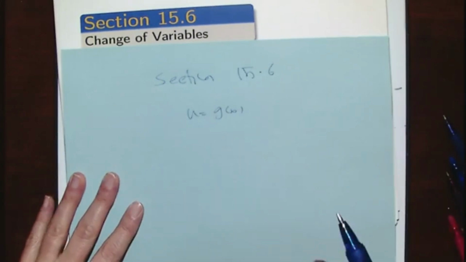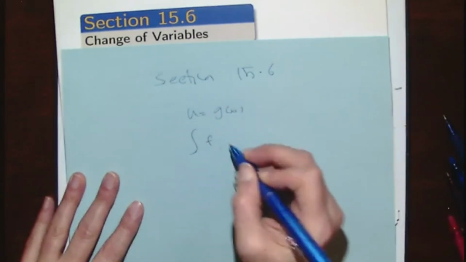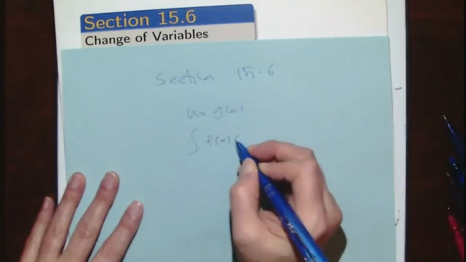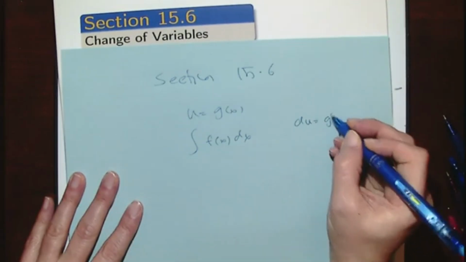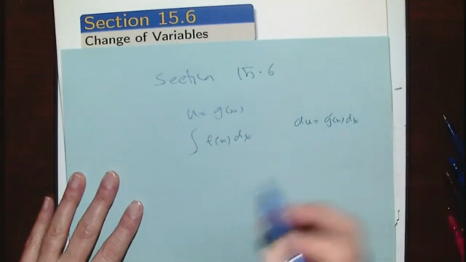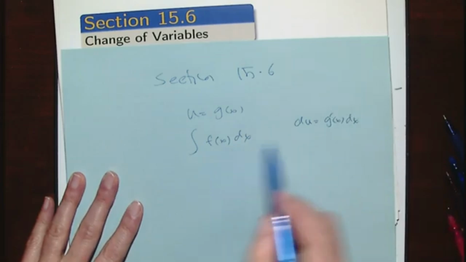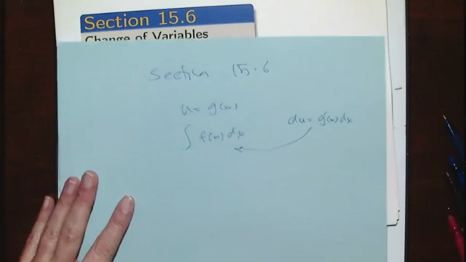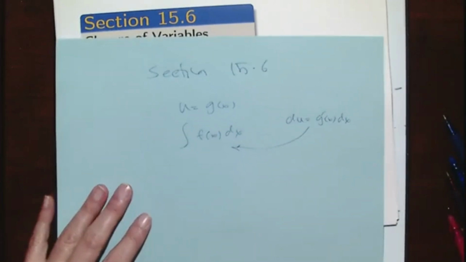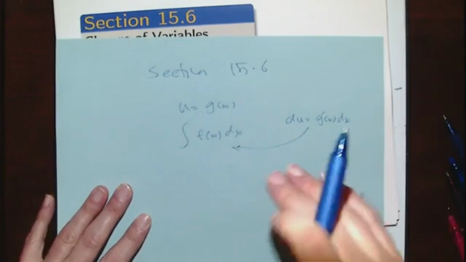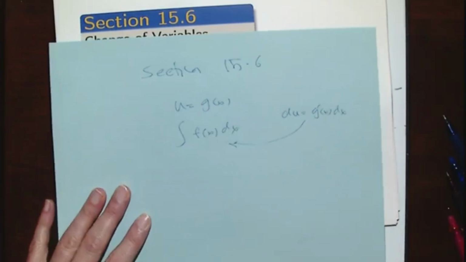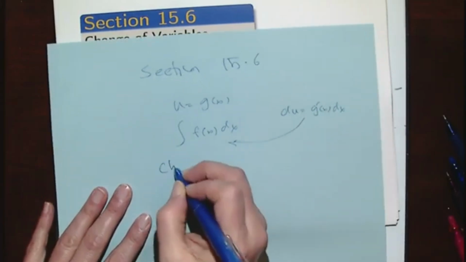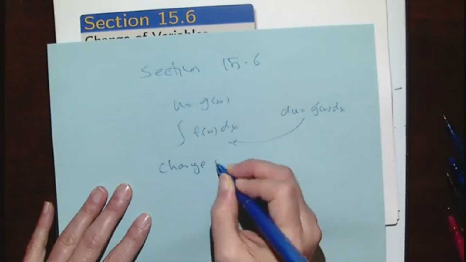And then what did you do? So you had a g of x, and you had this f of x dx. And when you did that, you would say du is equal to g prime of x dx, and then figure out how to incorporate this in here, right? This is the equivalent of that in 2 dimensions. It's called change of variables or transformations.